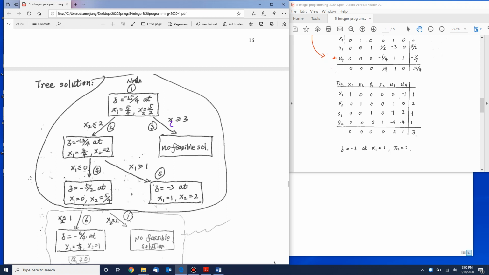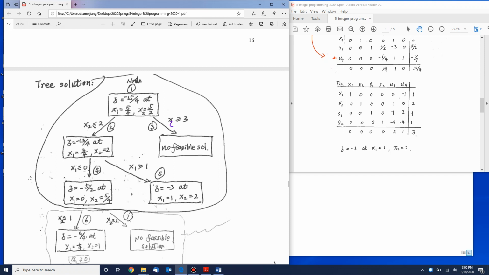What we got is z equals minus 9/4 at x1 equals 1/4, x2 equals 1. But you notice that if we work out this one, x1 is 1/4, but here we have x1 less than or equal to 0.